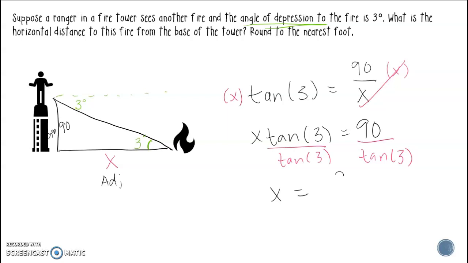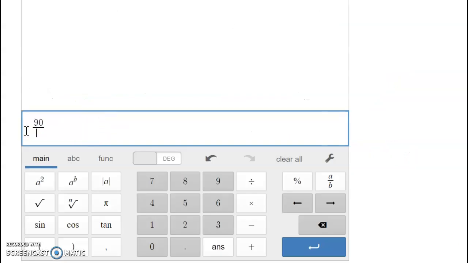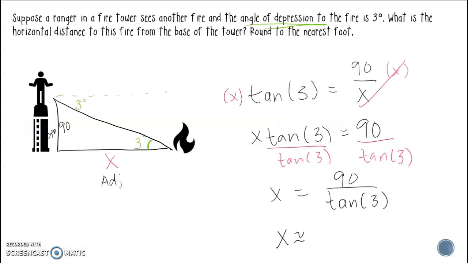So x equals 90 divided by the tangent of 3, which, go back to Desmos, 90 divided by tangent of 3, which gives you 1,717. So the horizontal distance from the fire to the base of the tower is about 1,717 feet.